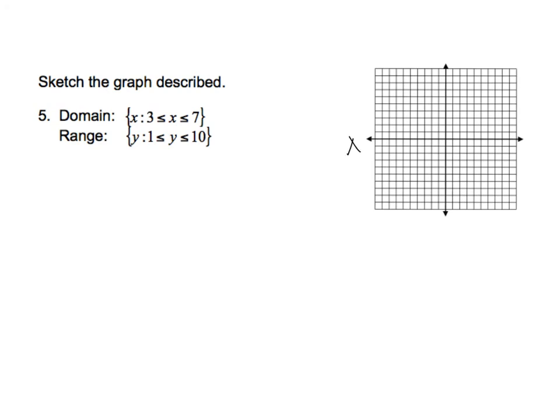So x goes from 3 to 7. There's 1, 2, 3, 4, 5, 6, 7. All right, so it's already in that little tiny space. And then the y is from 1 to 10. So my y value goes from 1, 2, 3, 4, 5, 6, 7, 8, 9. So the y value has a lot bigger of a range.